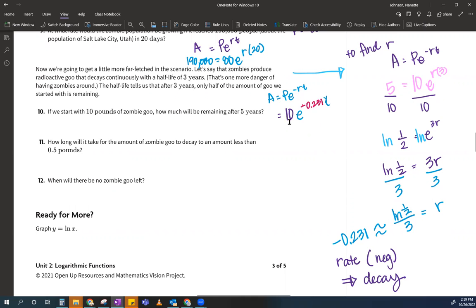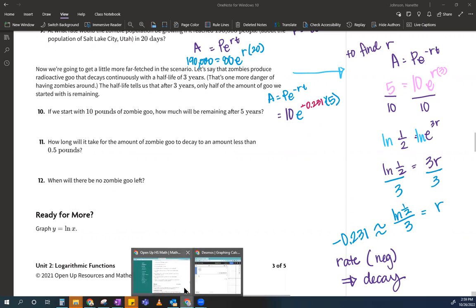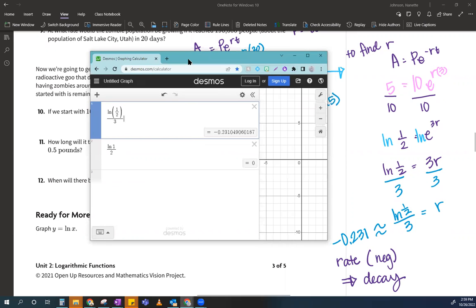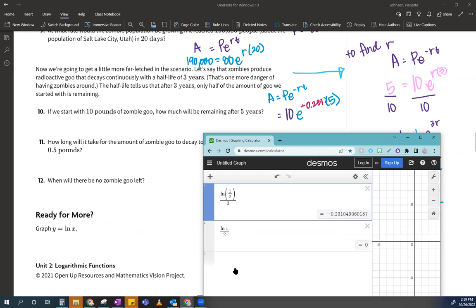And then that's me just plugging into a calculator. Again, I'm going to make sure that I plug it into my calculator really well because I don't want to be wrong on a test. So 10e to the, and I already know I need a parenthesis, so I'm going to put that there, negative 0.231 times 5.